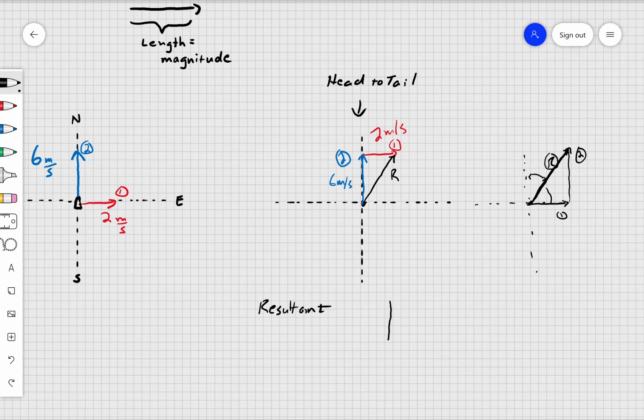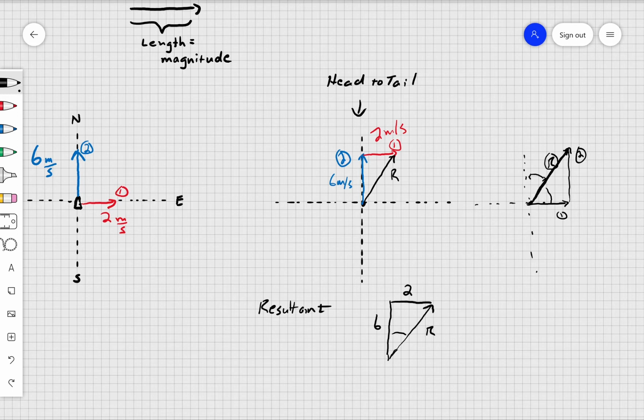So here are my two sides. The hypotenuse is the resultant, and if we want the direction of this resultant vector, let's find this angle. The angle that we are looking for has the opposite side of 2 and the adjacent side of 6.